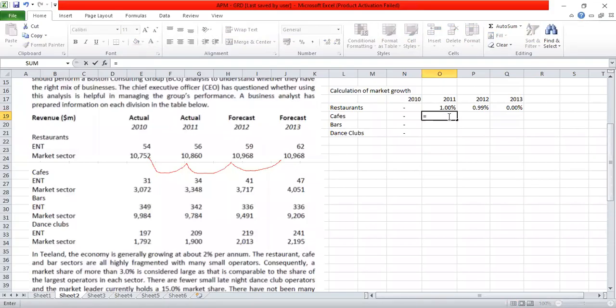For cafes, it would be 3348 minus 3072 divided by 3072.